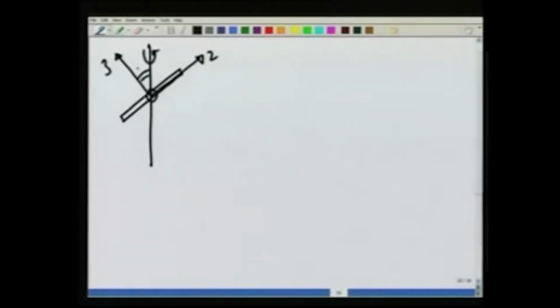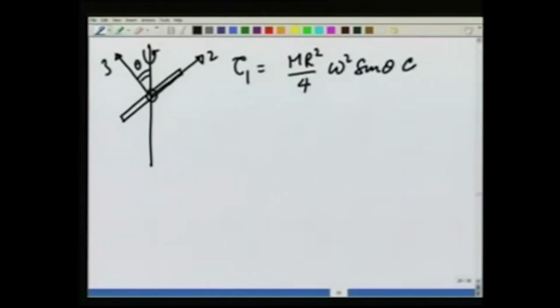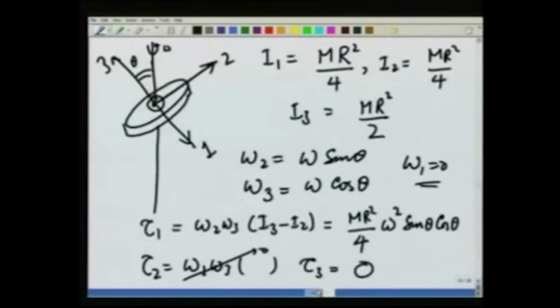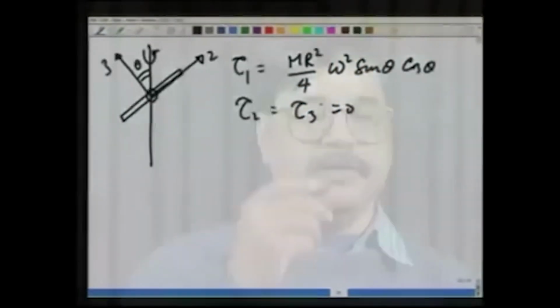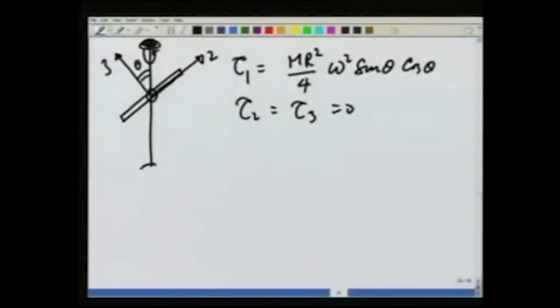This angle is theta, and we see in this case that the torque comes out to be tau 1, which is mr square over 4 omega square sine theta cosine theta, as we saw in the previous slide. Tau 2 and tau 3 are 0. So the torque direction is this, coming out of the plane of the paper. So if I have bearings here holding this, the force is going to be this way and this way.